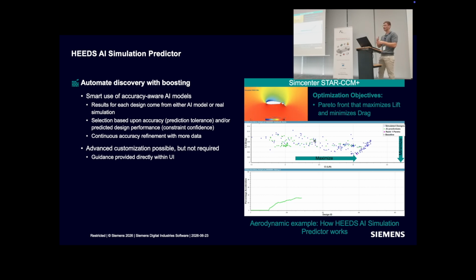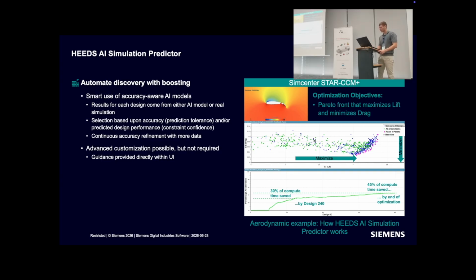So this is a highly dynamic decision on whether I'm going to simulate the results or get the predictions. And of course, while I'm simulating more and more designs, the accuracy of the AI model improves, and I can rely more on it.